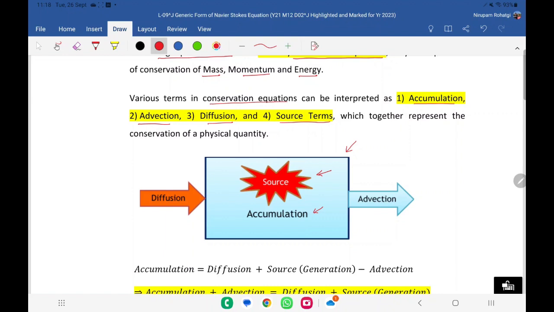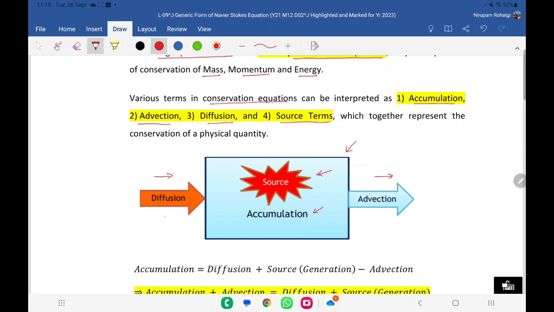So the quantity is being generated within or it is being consumed. Okay. Then the same quantity can flow in through the walls by diffusion, right? And the same quantity can go out from the control volume by advection.